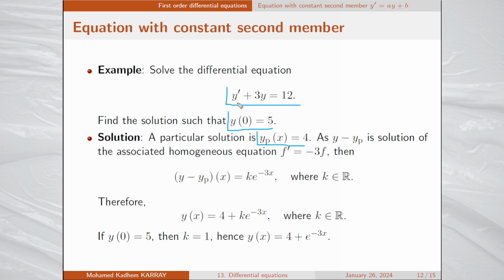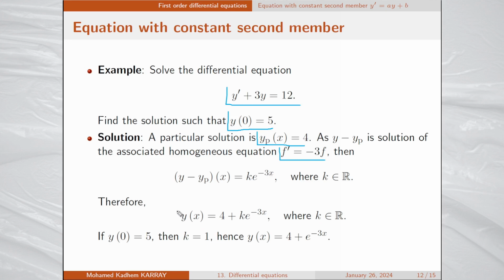If we replace yp by 4 here, 3 times 4 equals 12 and the derivative equals 0 since the function is constant. But now, since y minus yp is solution of the associated homogeneous equation f prime equals minus 3f, then y minus yp equals k exponential minus 3x.